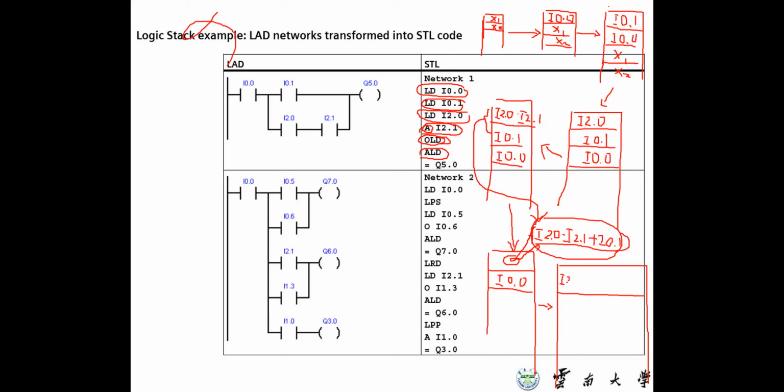I2.0 and I2.1 and I0.1, and the result is AND what? And I0.0. Sorry, this is AND.